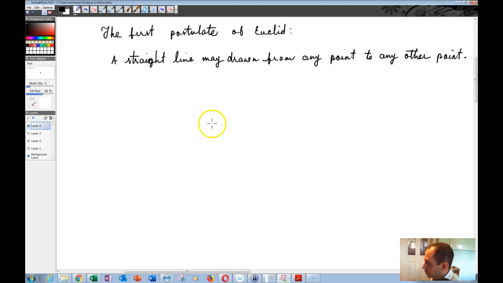Or, for example, the third postulate of Euclid says that a circle may be drawn with any center and any radius.